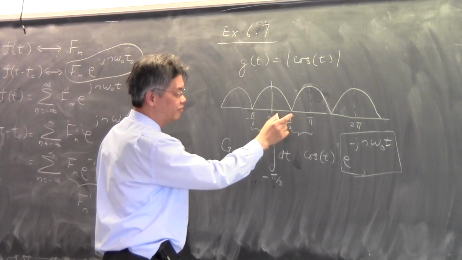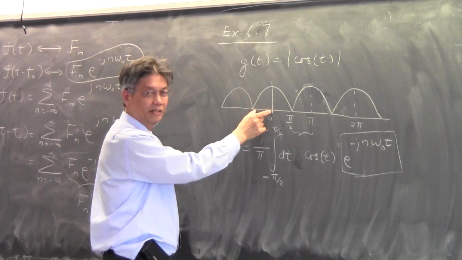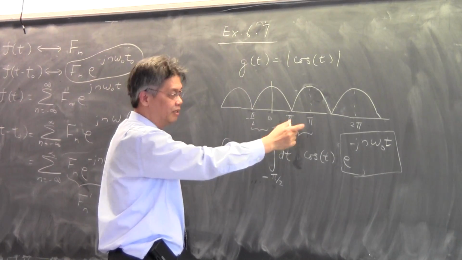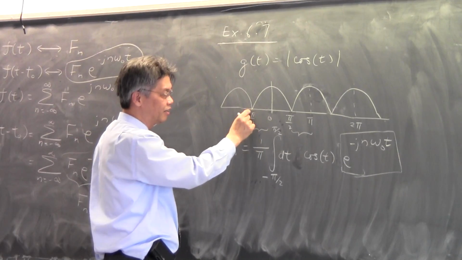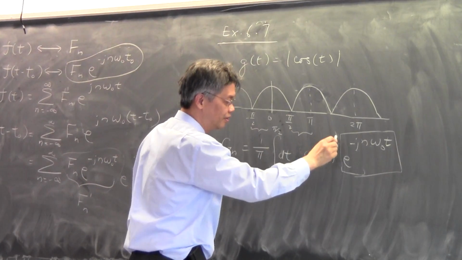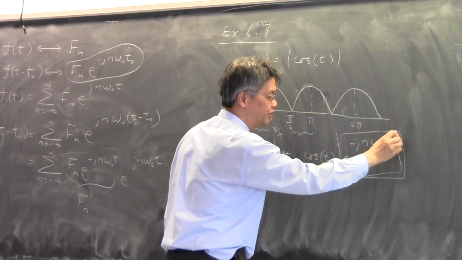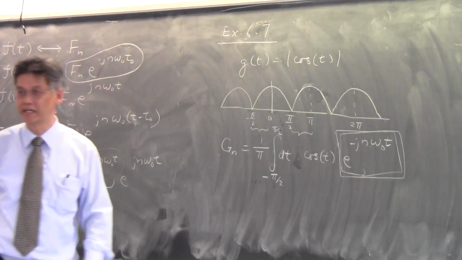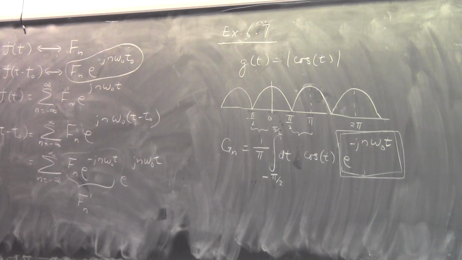However, this phase function replicates itself over here because it's also periodic, so I can integrate from here to here. So when you want to take a shortcut, make sure the phase function is also replicated over the place where you want to take the shortcut. Then everything is just straightforward algebra. You expand the cosine in exponential form, collect terms, do the integration correctly, and you should get the correct answer.